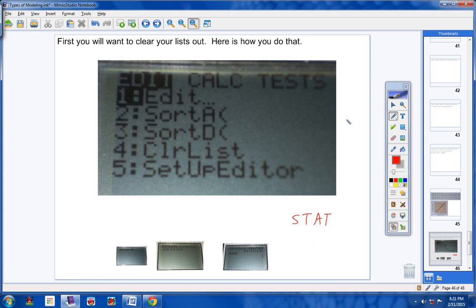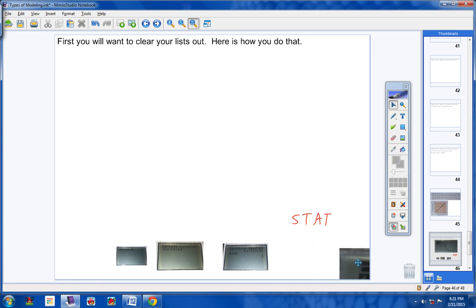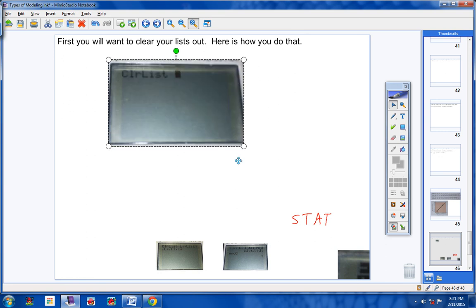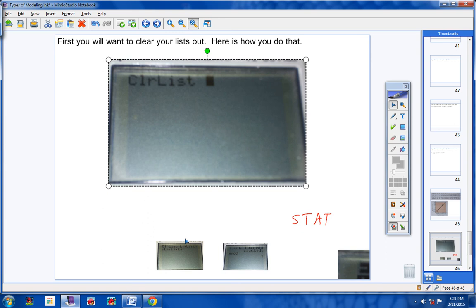Okay, now when you do that, this should pop up on your screen right here. If it didn't, get some help from someone in the class that looks like they know what they're doing, and hopefully that would be at least one person, okay? It should say ClrList, clear list. Now, you're going to list out your lists.